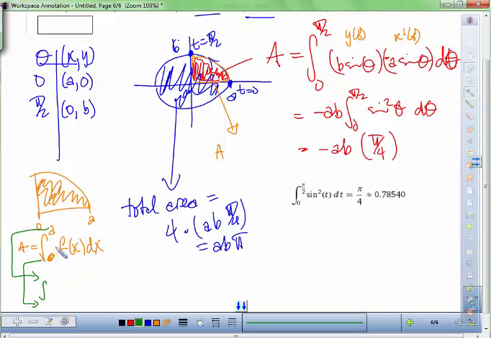So when t is equal to pi over 2, that's when my x value is equal to 0. So the 0 over here should get matched with pi over 2, and the A over here should get matched with t equal to 0.